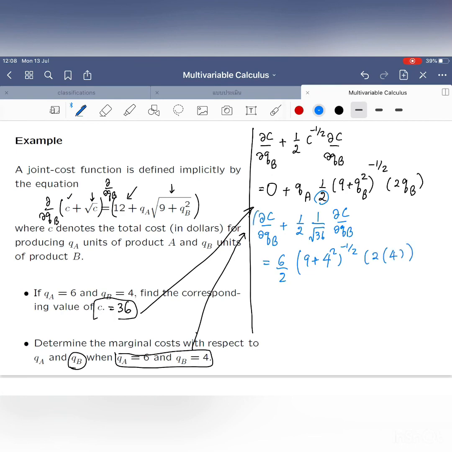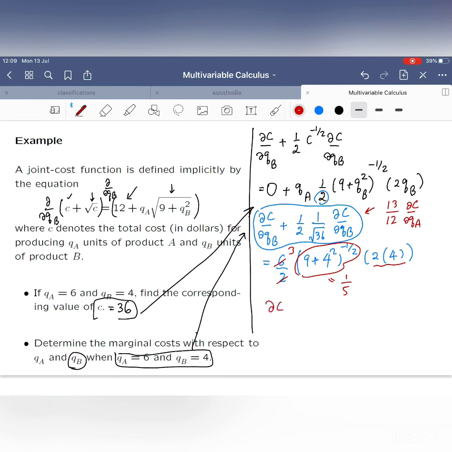So again, on the left hand side, you have 13 over 12 DC by DQA. How about this one? This is simply a 3. This is 1 over 5, and then this is 8.